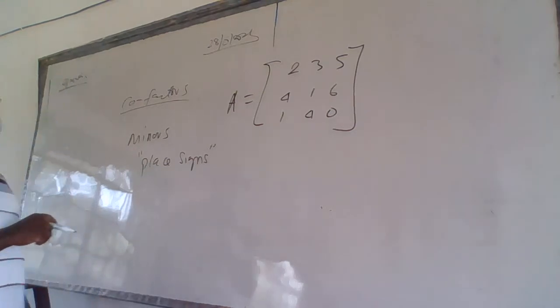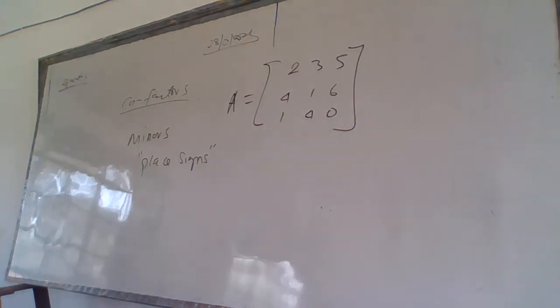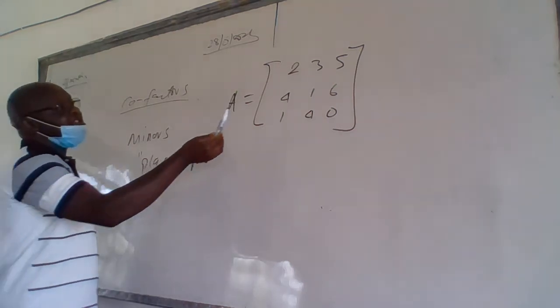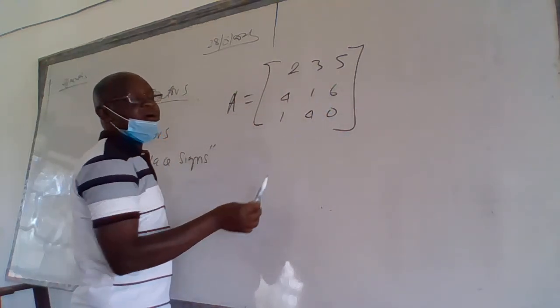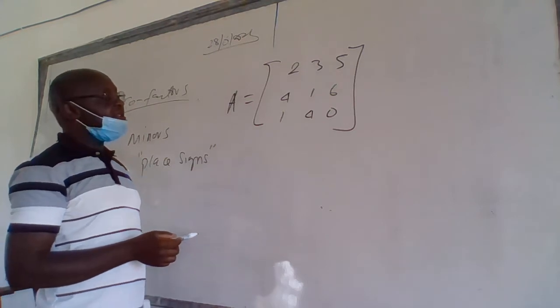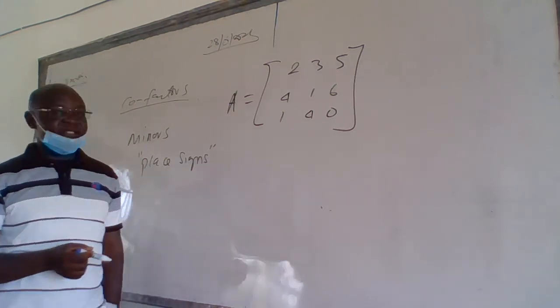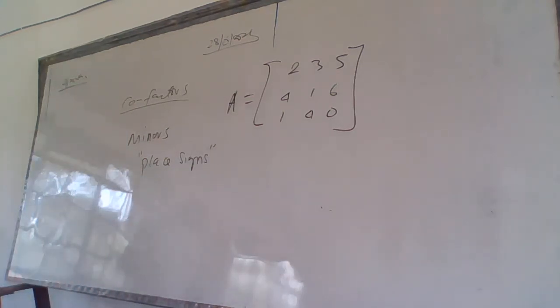This is matrix A. Remember we say that these are the elements of the matrix. Now we have element 2, the minor of element 2.